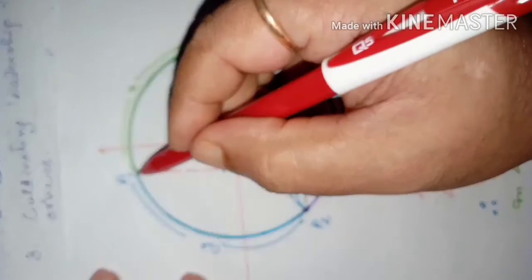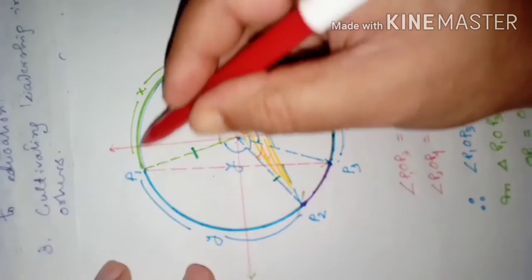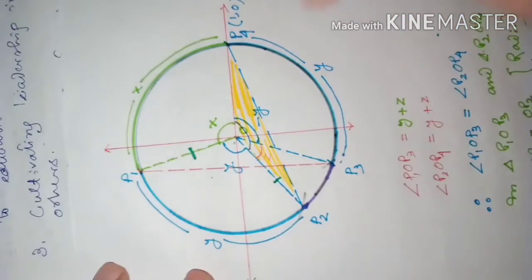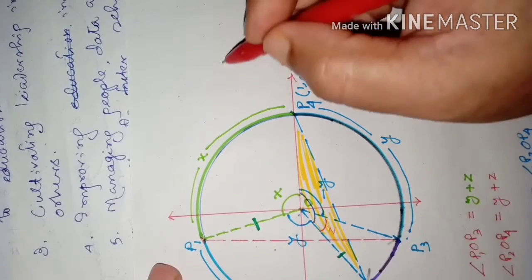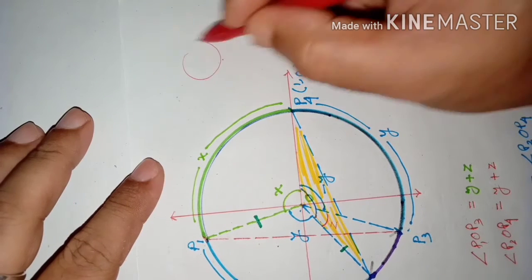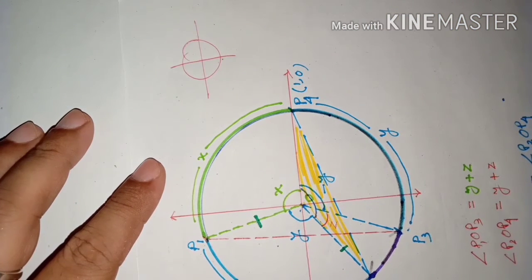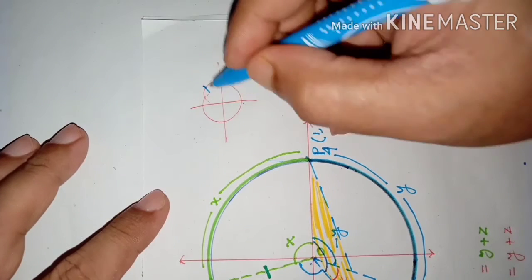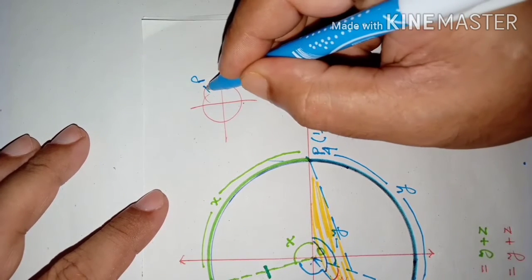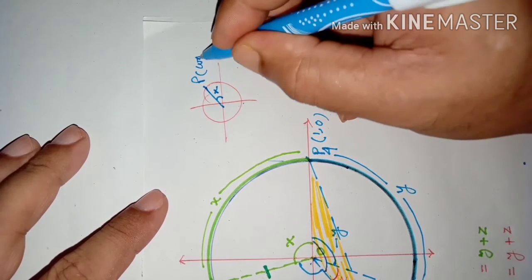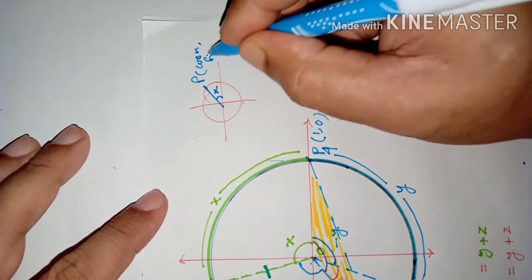What is the coordinate of this point? Because this angle is x radian, then its coordinate will be, as we have learnt earlier, in a unit circle, suppose this is a unit circle and here is a point P, and this arc subtends an angle x, then its coordinate is cos x, sin x. You recall?